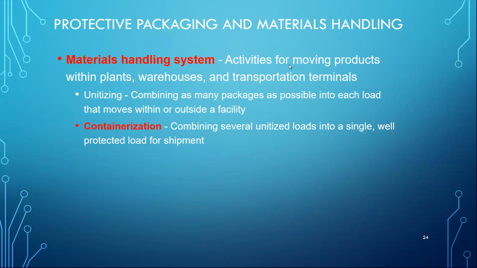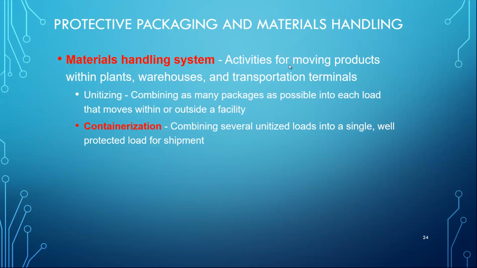The last element is protective packaging and material handling. Material handling are activities of moving products within plants, warehouses, and transportation terminals. It combines as many packages as possible into each load that moves within or outside a facility.